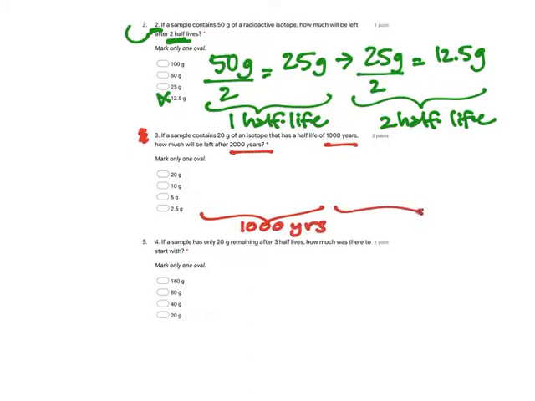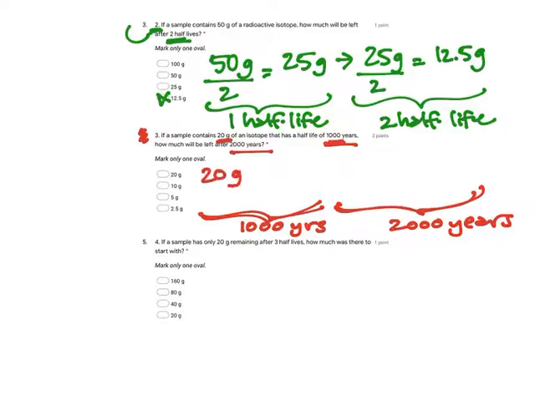And this is saying after 2,000 years, how much would remain? So we know that every 1,000 years, that's a half-life. So this would be one half-life, the second half-life. And if we're starting with 20 grams, it looks like we have to divide this number by 2 twice.